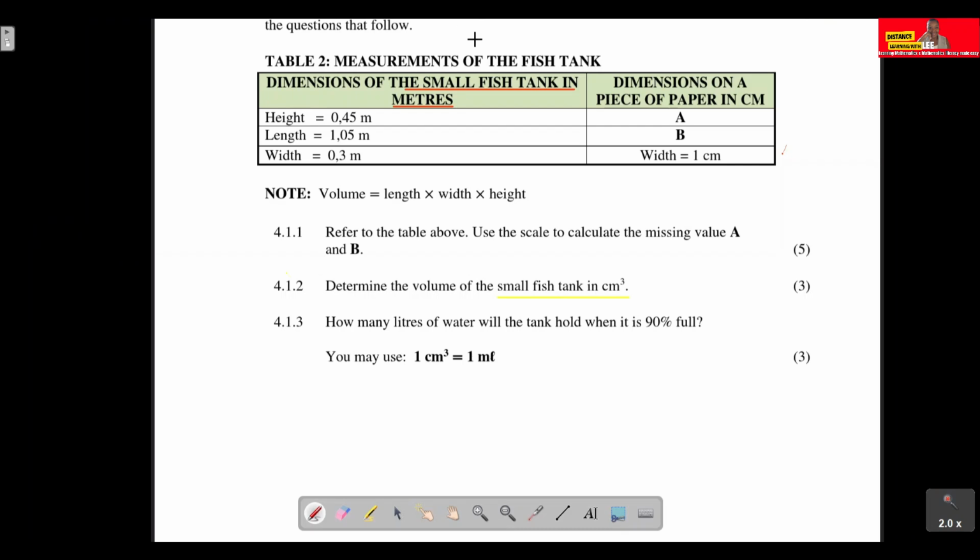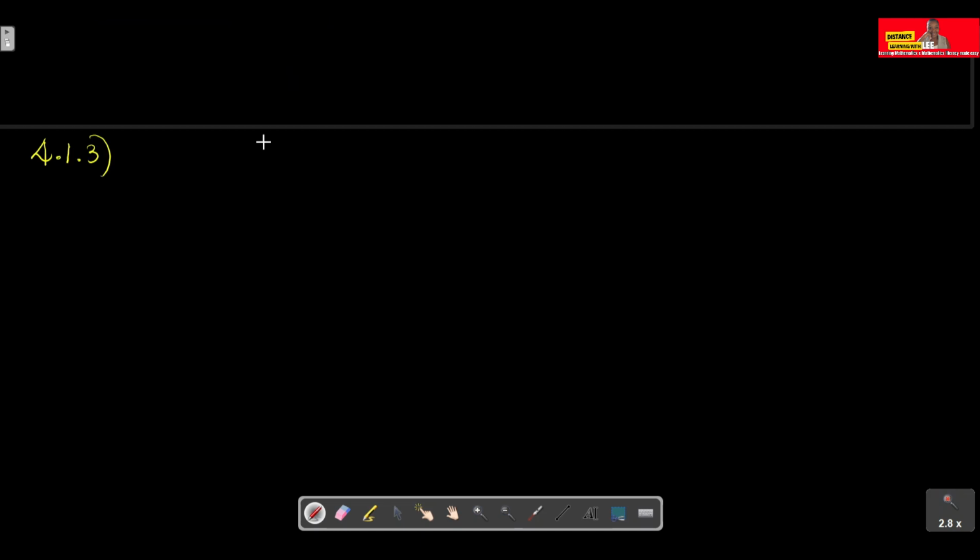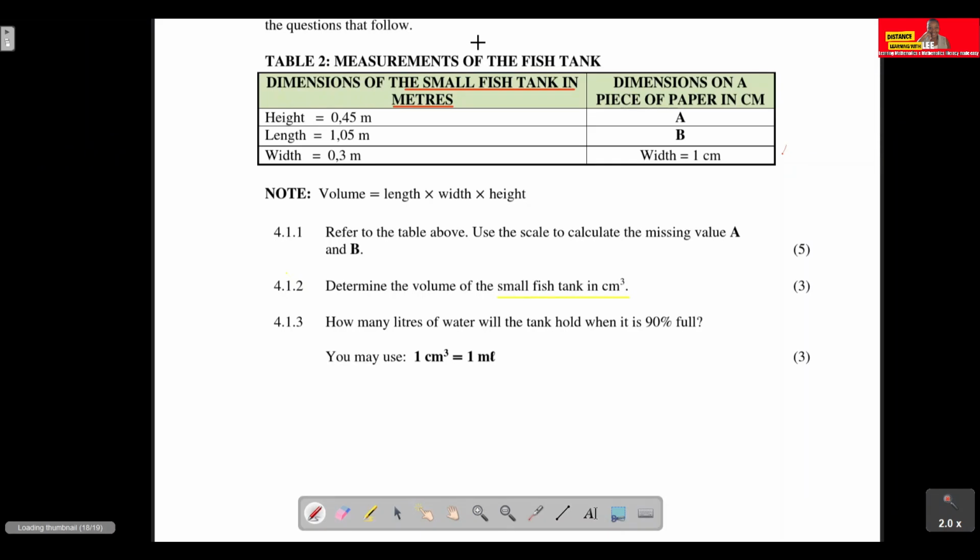We are told here that we can use the equation 1 centimeter cubed is equal to 1 milliliter. Then we'll take it a step further to convert this answer to liters, because the question asks us to determine how many liters of water the tank will hold. It didn't ask how many milliliters; it wanted liters. But I'm going to take it step by step for you.